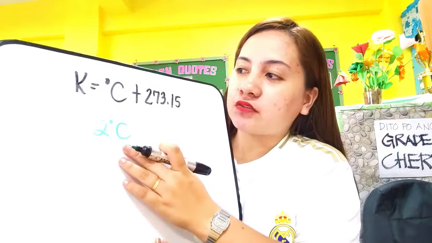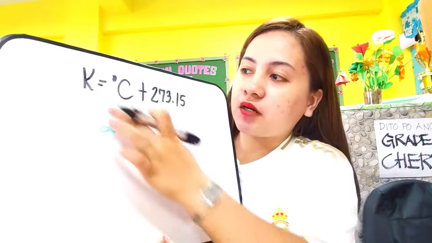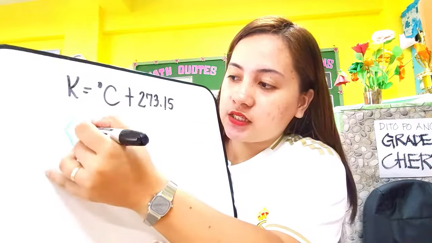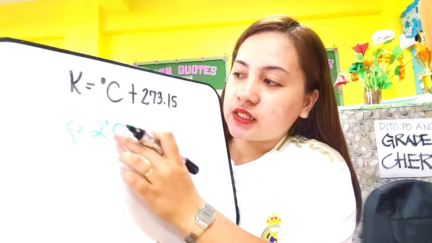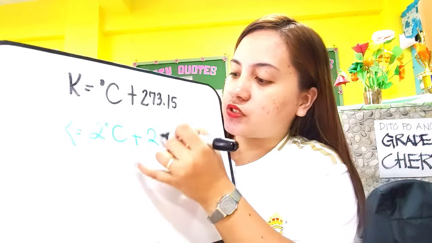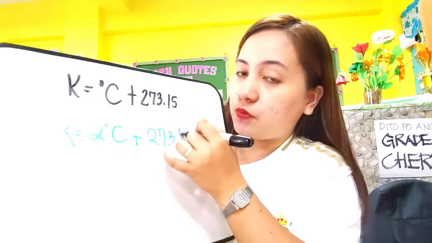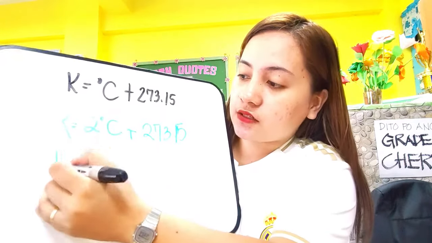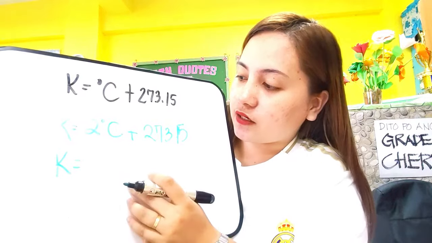So, para mai-convert natin siya into Kelvin, gagamitin natin itong formula. So, Kelvin is equals to 2 degrees Celsius na i-substitute na plus our constant value which is 273.15.